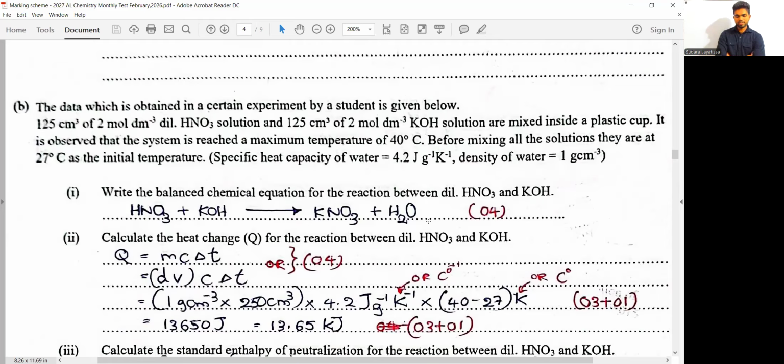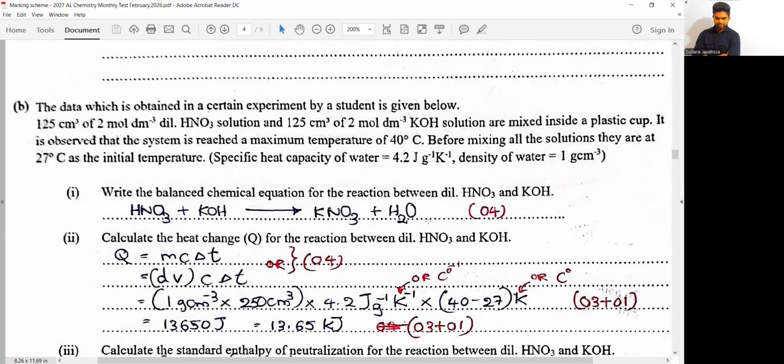Now here, you have to consider the mass of the water. That's why we took the addition of two volumes and multiplied by the density of water. By doing that, we get the mass of water. So be careful and read the question properly. Those who did that question with me will remember what I am telling you.